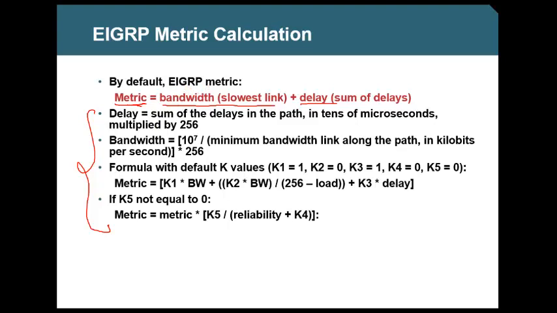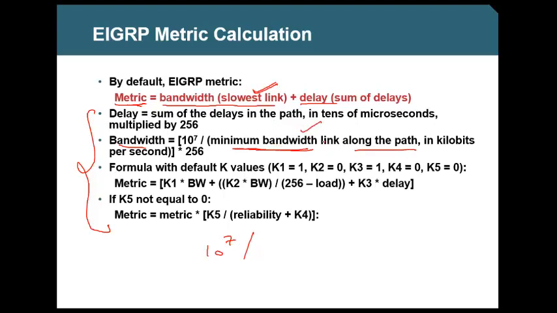Slowest link bandwidth. See, bandwidth is equal to 10 to the power of 7 divided by the slowest link, or minimum bandwidth of the link. Slowest link bandwidth means what? In the path, the minimum bandwidth link is what is called the slowest link.